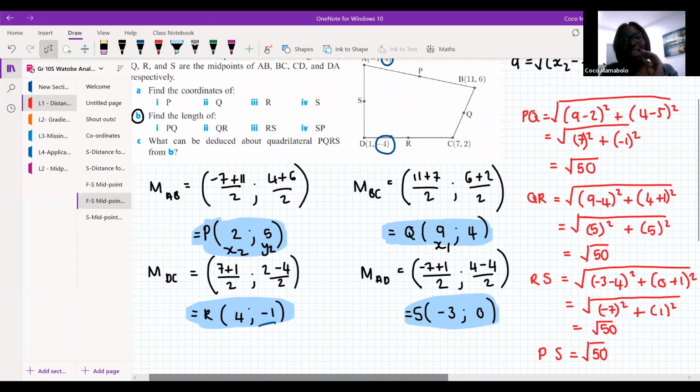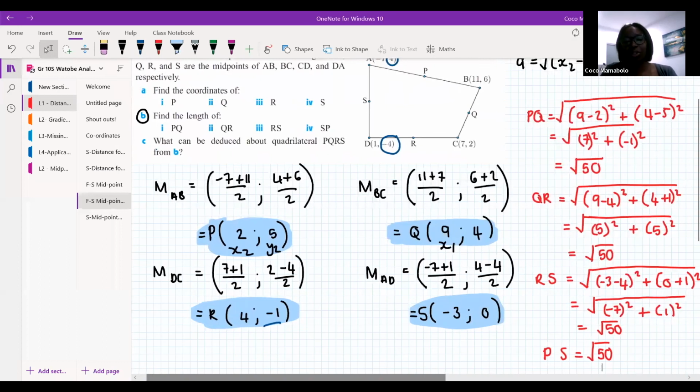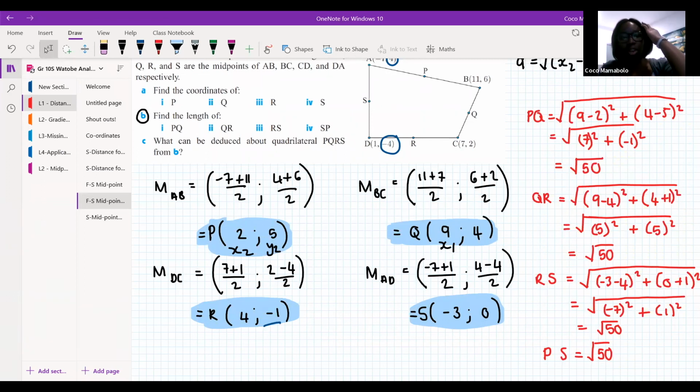So guys, tell me in the chat, what can be deduced about the quadrilateral PQRS? I agree with you. What do you guys notice? It has equal sides.